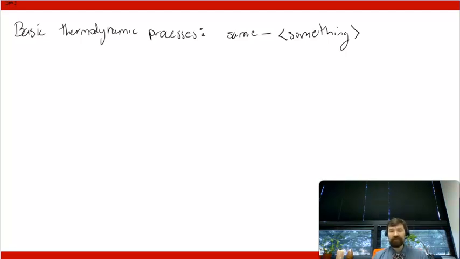If we say isobaric, that means same pressure. Isothermal means same temperature. If we say isochoric, we mean same volume. And if we say adiabatic, we mean no heat has been added or removed. So that's sort of same heat.